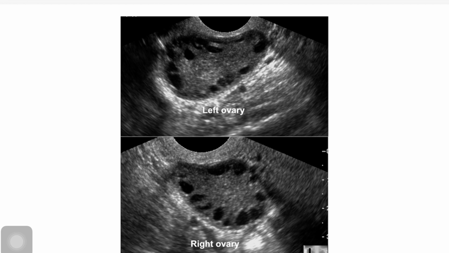On the side of the ovary there will be more follicles. First, keep this point in mind: necklace pattern is not in the Rotterdam criteria. This is just a finding. In the Rotterdam criteria, the ovary has more follicles, the size and other parameters, but necklace pattern is not a criterion. This should be kept in mind.